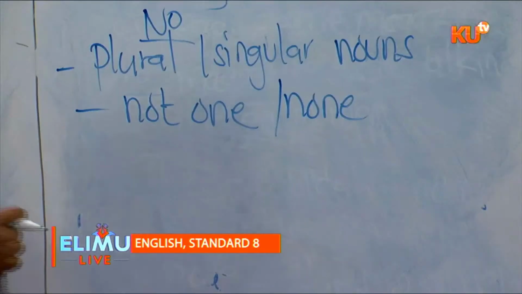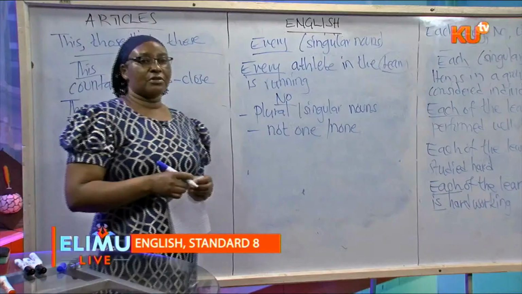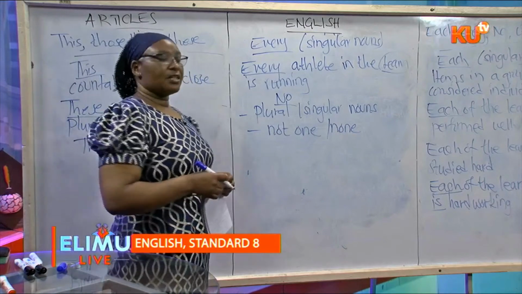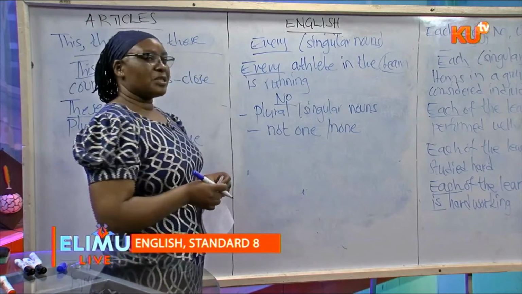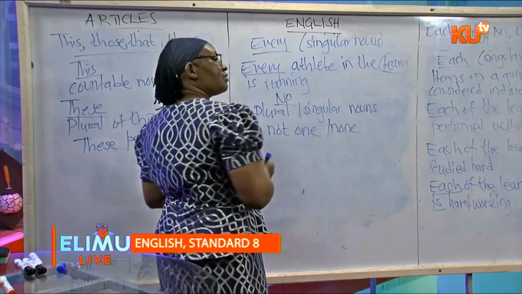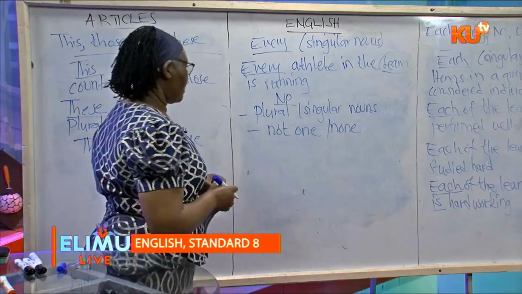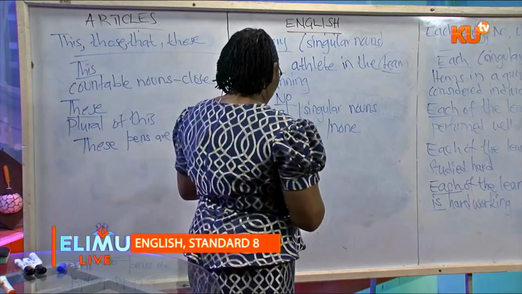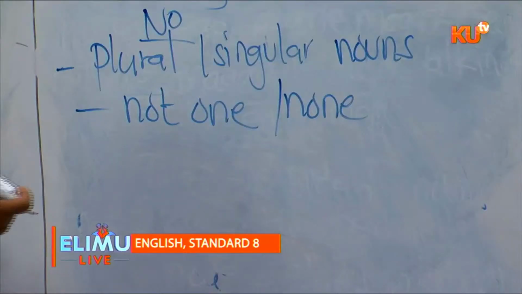For example, we can say that none of the cows was injured in the accident, or none of the passengers was injured in the accident. It means not even a single cow or even a single passenger was injured in the accident. So we use the word no.